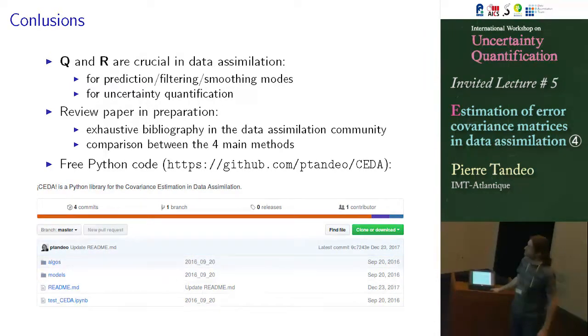It's important because, if I come back to my first experiments using a univariate model, if the estimation of your uncertainty is badly scaled in data assimilation, it can be a real problem. For instance, if you are doing projections for the future, in climate sciences, this is very important. So I think this is crucial.